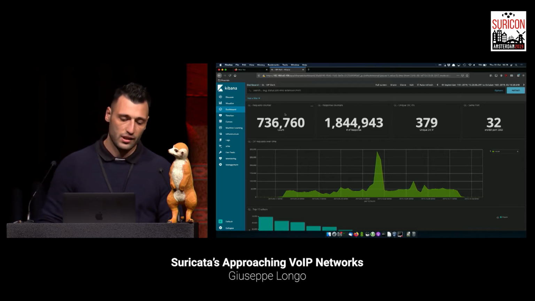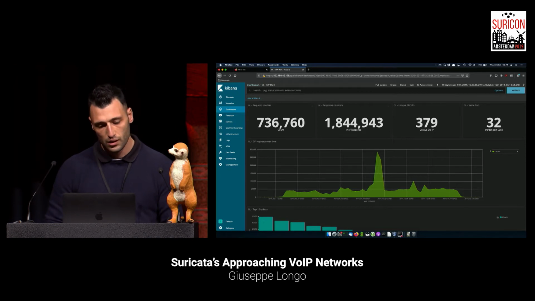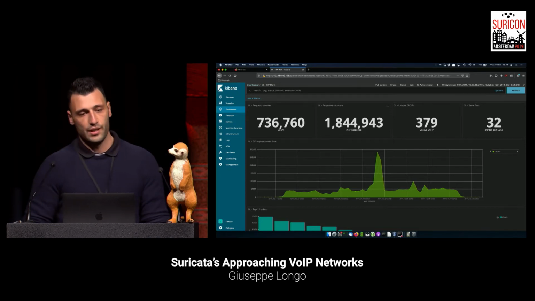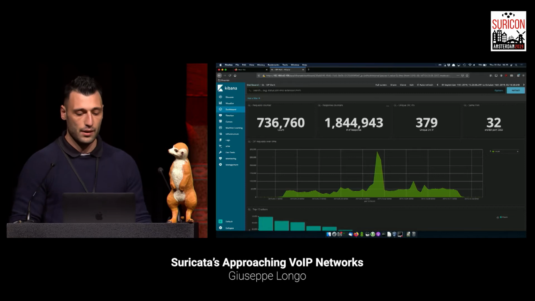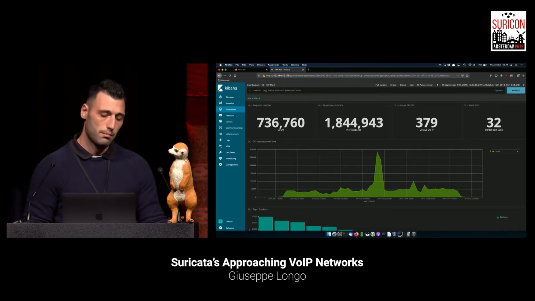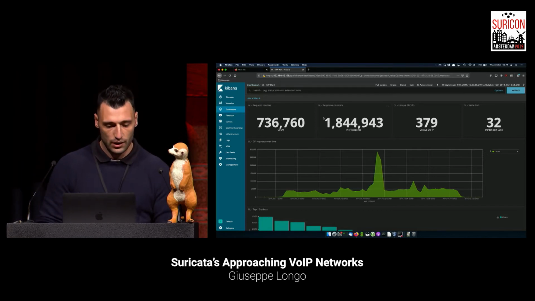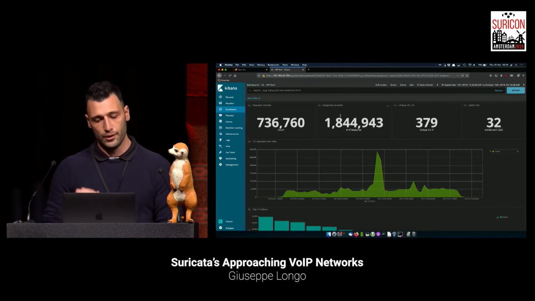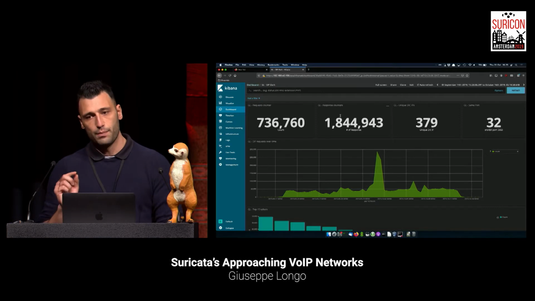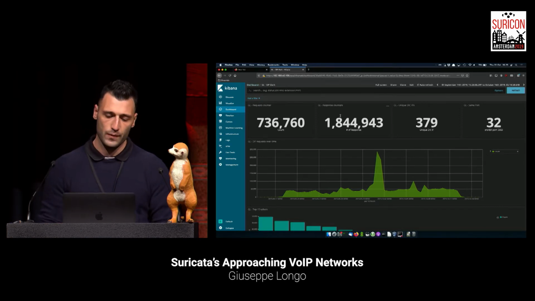Here we can see the number of SIP requests that I received. This is the number of responses sent by my honeypot. It is much higher than the number of requests because when a specific SIP request is sent, the SIP server sends at least 2 responses.